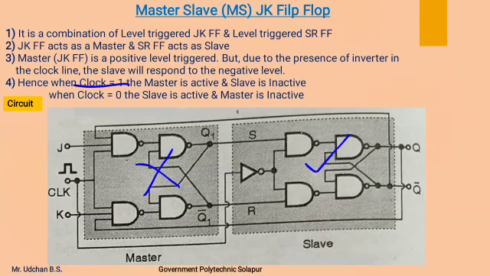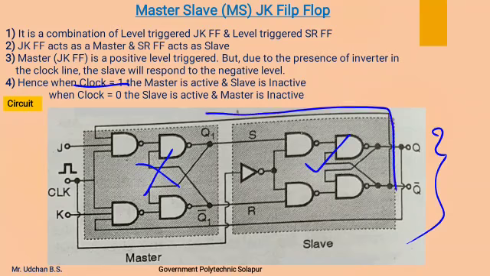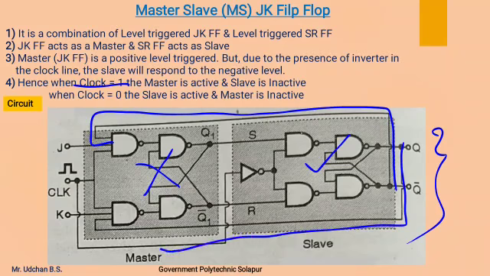Again, the output terminals, that is Q and Q complement, are connected as inputs to the NAND gates of the JK flip-flop. This Q terminal is connected to this NAND gate, Q complement, and this Q output is connected to this NAND gate.